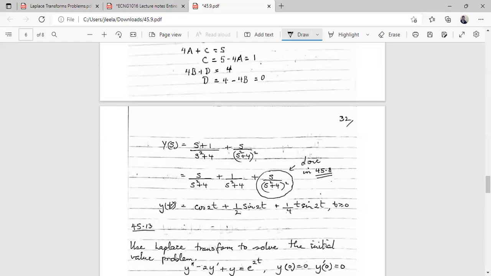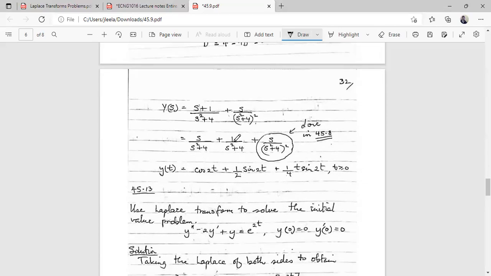The Laplace inverse of s over (s squared plus 4) is cos 2t. The Laplace inverse of 1 over (s squared plus 4) is a half sine 2t. And the last part, if you refer to 45.8, is a quarter t sine 2t.